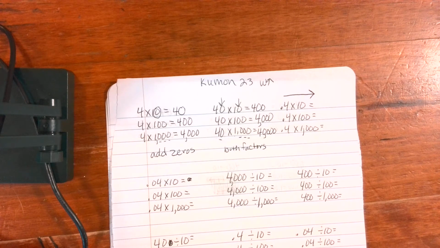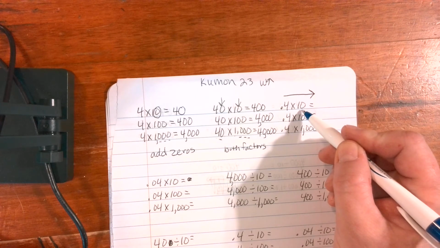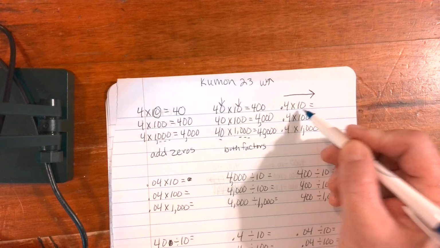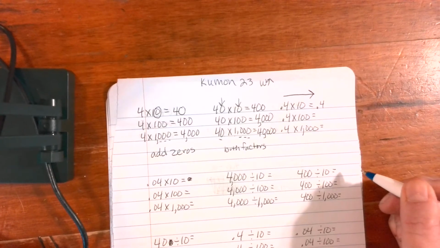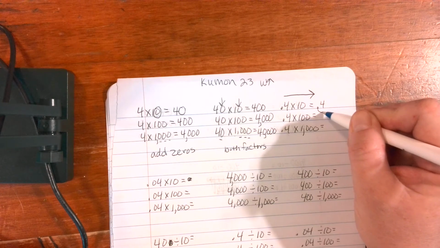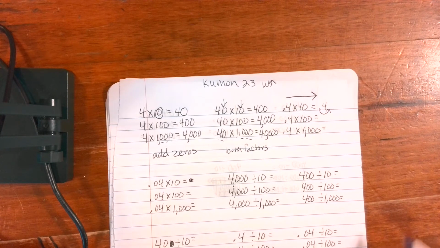And do you remember how you determine how many place values your decimal moves? It moves for the number of zeros. So for this one, I'm going to go ahead and write it here. If I was multiplying by 10, my decimal needs to move 1 place to the right.